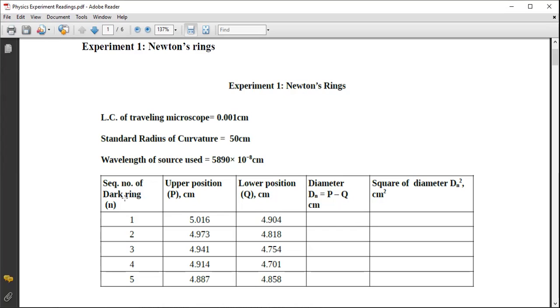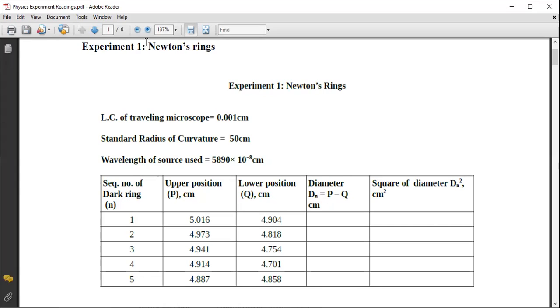Correct, absolutely correct. First you will calculate Dn in the observation table, then Dn square using calculators, and then you will plot Dn square on the y-axis and n, the number of rings 1, 2, 3, 4, 5, on the x-axis. You will get a straight line, calculate the slope of that straight line, and substitute it in the formula to calculate the radius of curvature of the plano-convex lens.